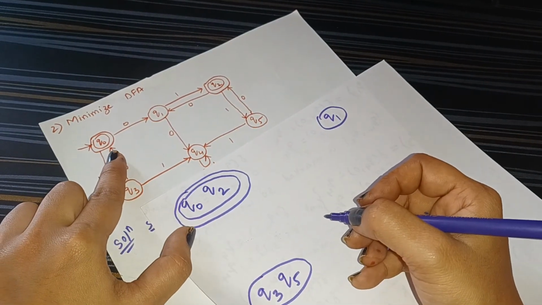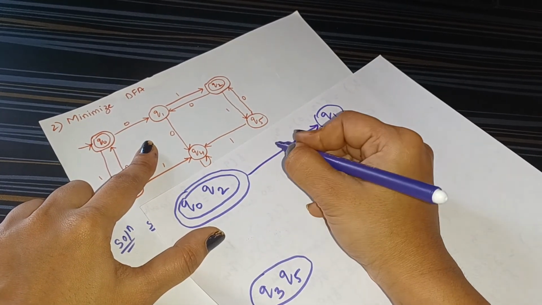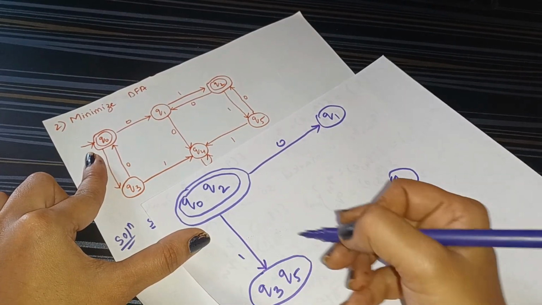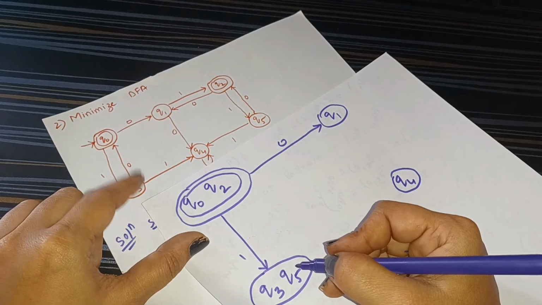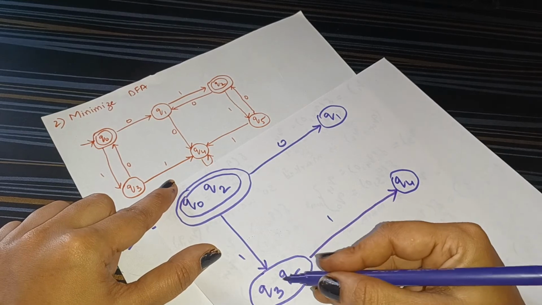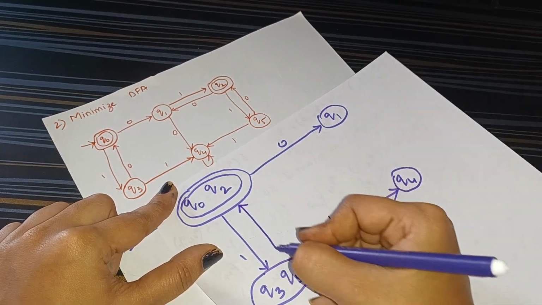Q0 on 0 it is going to Q1. Q0 on 1 it is going to Q3. Q3 on 1 it is going to Q4. Q3 on 0 it is going to Q0.